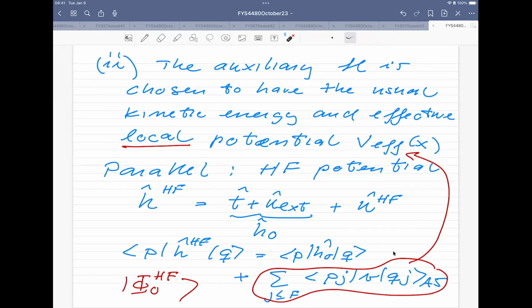So the Hartree-Fock theory in itself is a kind of parallel to what we are going to set up tomorrow, which means also that this effective potential is in a way going to mimic the Hartree-Fock equations, except that Hartree-Fock theory has the interaction to only first order.